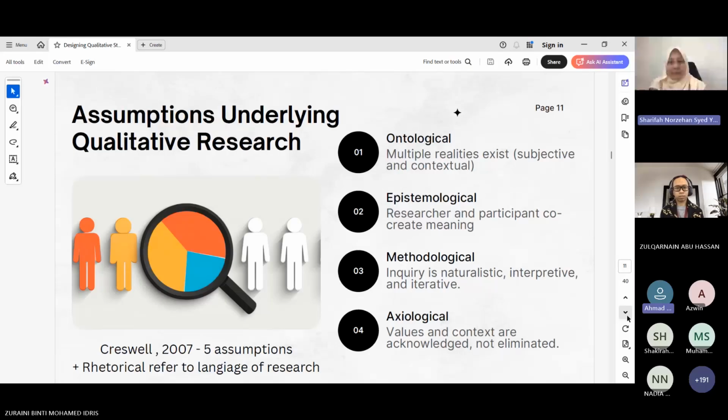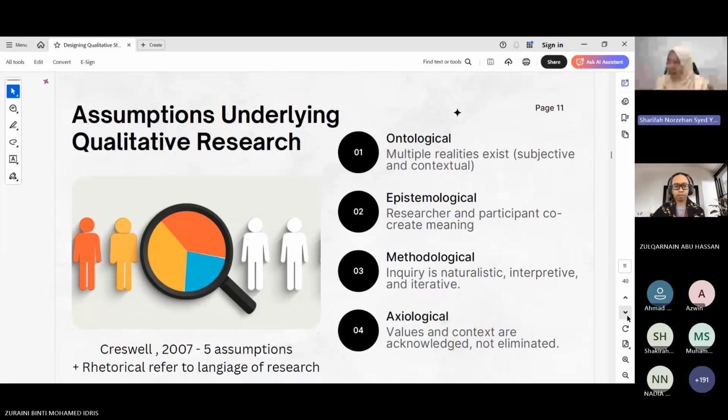Is it still considered justified to conduct qualitative research? You need to have these particular 4. These are assumptions that you need to fulfill in order for you to do your qualitative. Basically, the assumptions are the reason why you move to qualitative. Thank you, Prof. Thank you very much.